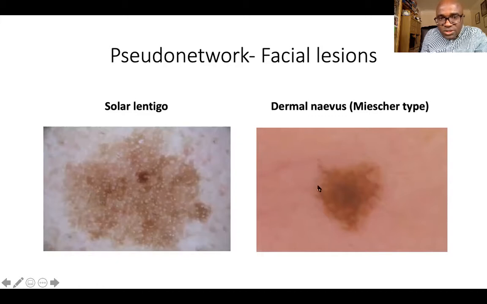And this is what you see in a dermal nevus, which presents mainly with a globular pattern, and usually clinically they will look much more bulbous and raised on the surface of the patient.